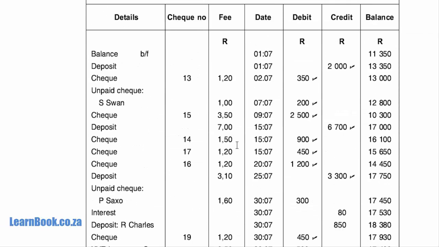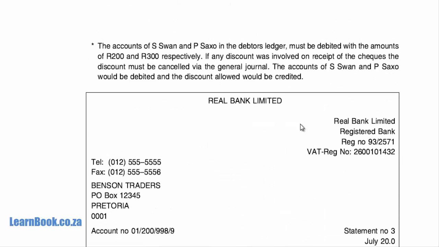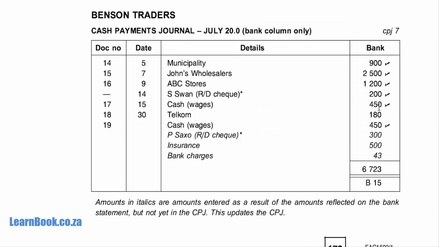So we tick off the S1 unpaid for 200 Rand because this is also reflecting in the bank statement for July. It corresponds to our CPJ, and since it reflects in our CPJ, we tick that off as well.